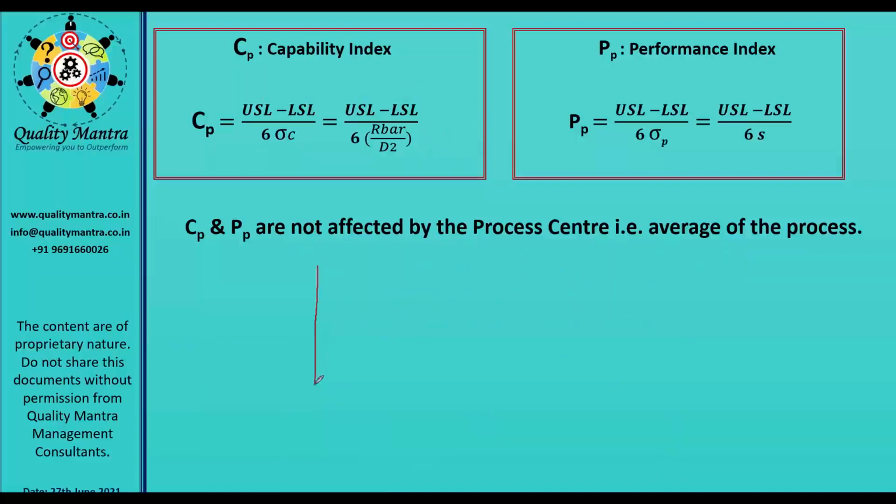So now this is your LSL and this is your USL. Got it? So for example, you have the LSL of 60 and USL of 80. And now the variation means this is the variation.